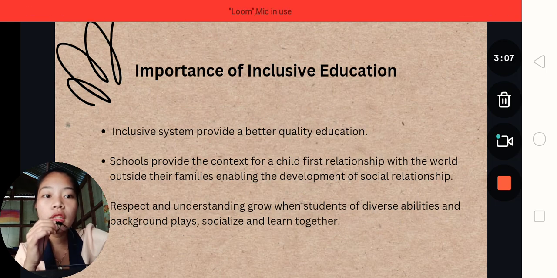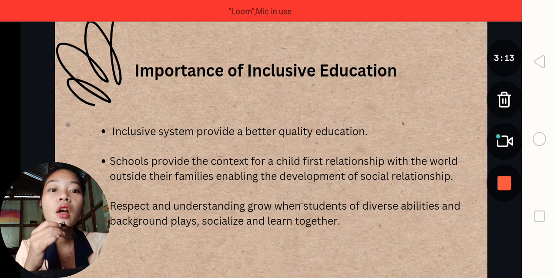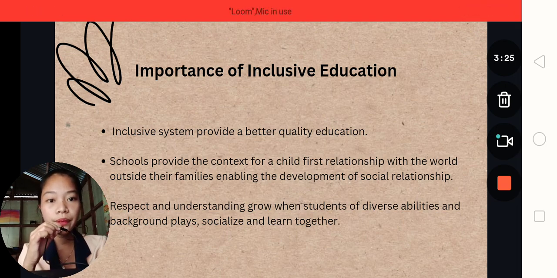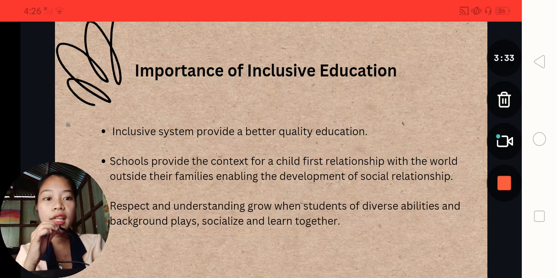So, the importance of inclusive education. An inclusive system provides a better quality education. Schools provide a context for a child's first relationship with the world outside their families, enabling the development of social relationships. Respect and understanding grow when students of diverse abilities and backgrounds play, socialize, and learn together.